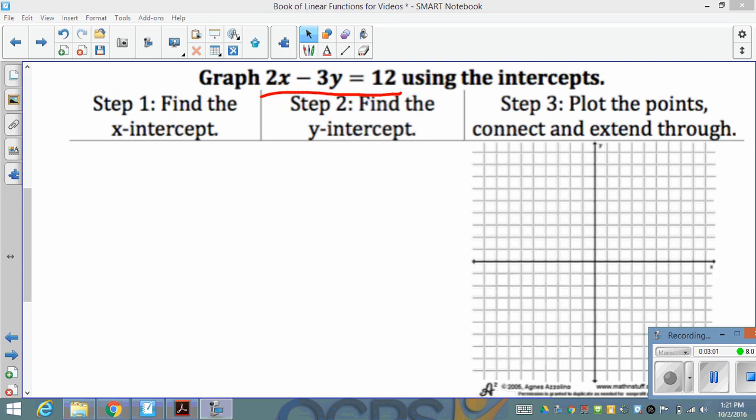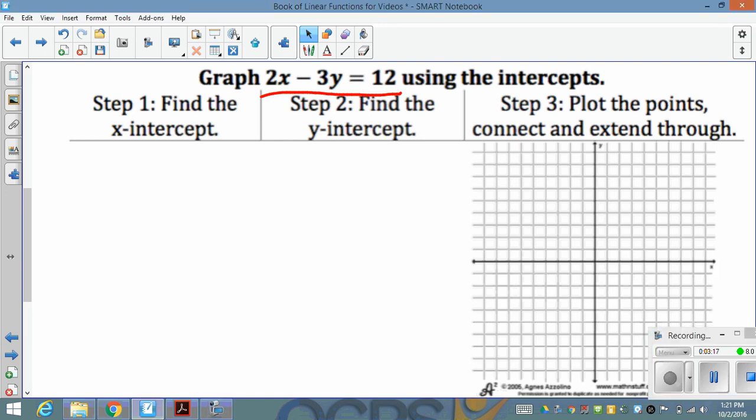Notice this is in standard form. The x and the y are both to the first power, so we know that this is linear. When I say I want to graph using the intercepts, first I'm going to find the x-intercept.